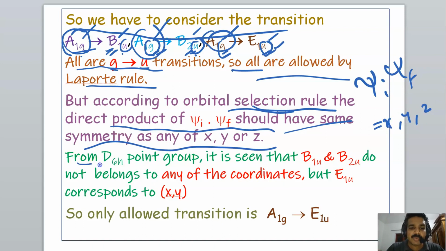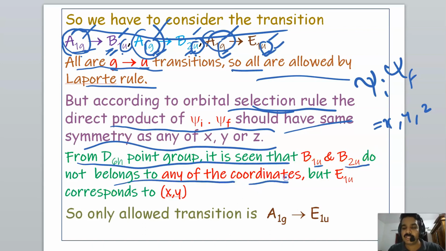And from the D6H point group, it is seen that B1U and B2U do not belong to any of the coordinates X, Y, Z. One more, you listen. According to the orbital selection rule, psi i, X, Y, Z, psi f should be A1G.